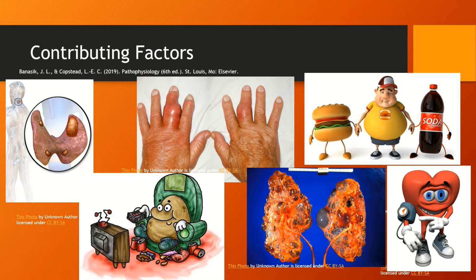First, we have hyperparathyroidism. Certain medications can cause kidney stones. Irritable bowel disease, past medical history or family history of kidney stones is a big one. Gout is another one. Next, we have obesity. That includes an excess of dietary meat, sodium, and or oxalate in your diet.